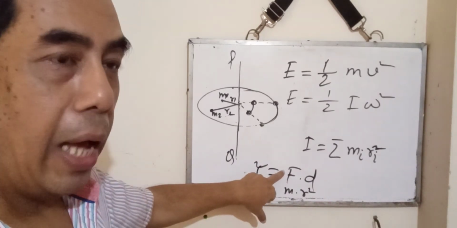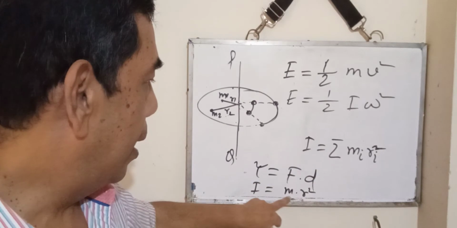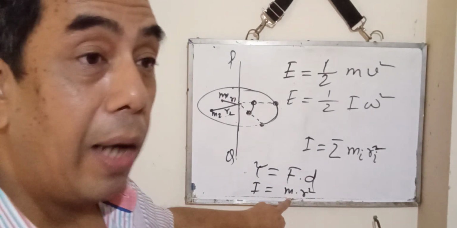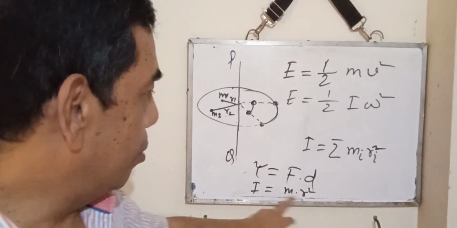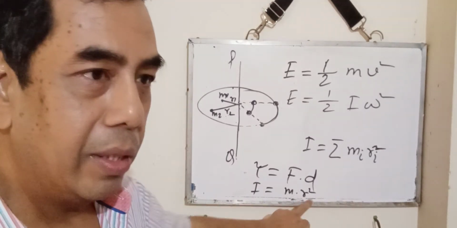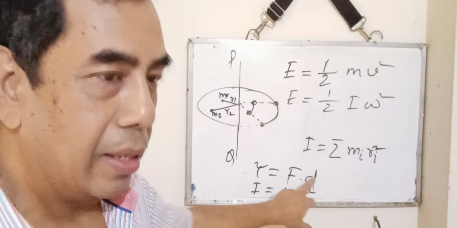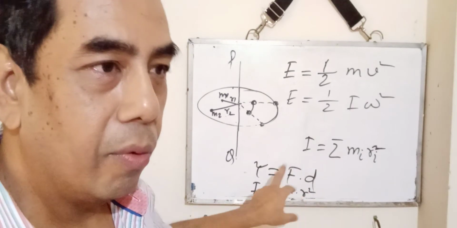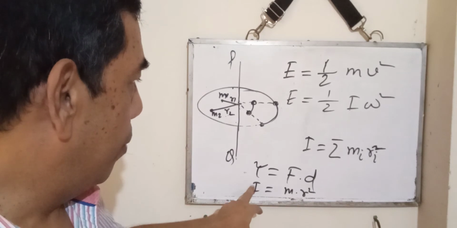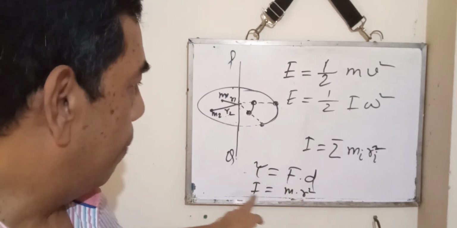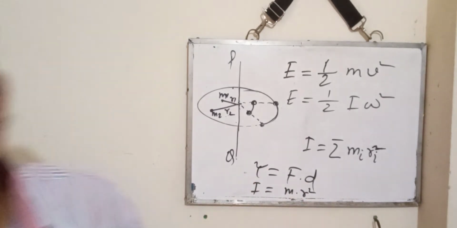Moment of force is force into distance, and moment of inertia is mass into distance square.